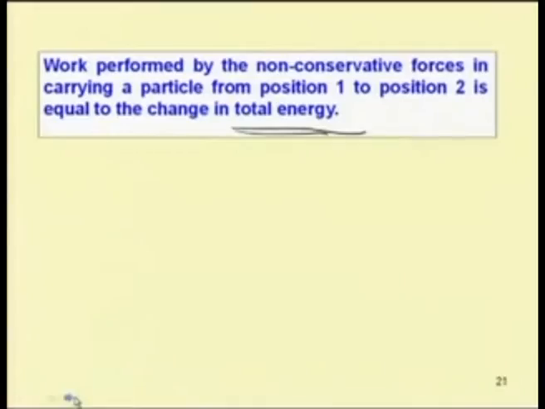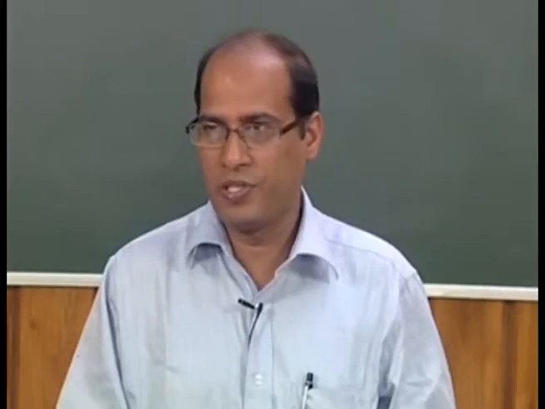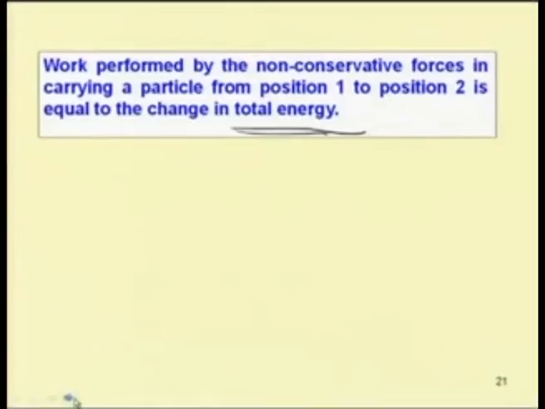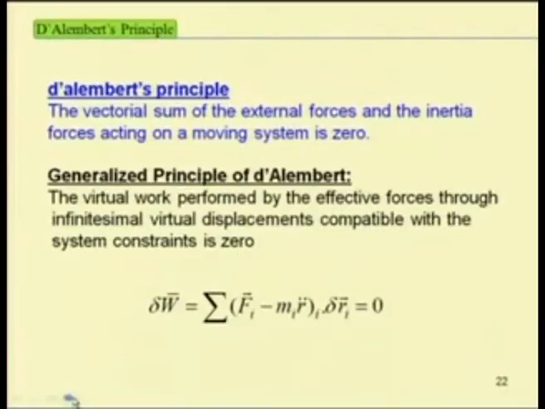Using these principles one can find the potential energy and kinetic energy of a given system, and using those energy expressions one can use either Hamilton's principle or Lagrange's principle to derive the equation of motion.